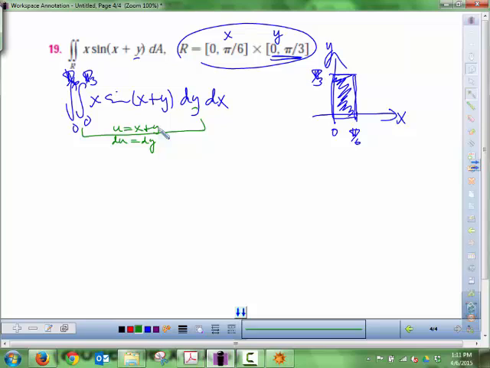There's no extra stuff happening. So x is a constant. We have sine u du. We integrate sine. What's the integral of sine? Negative cosine. And then u is x plus y, so let's just put that in there already.